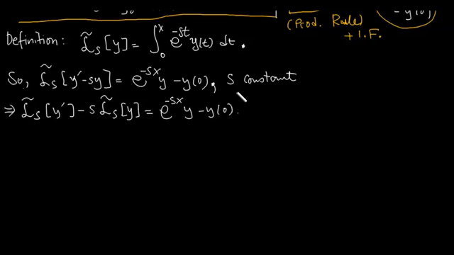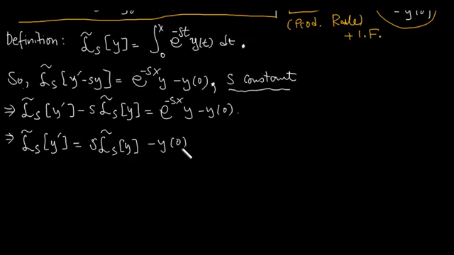Because of the linearity and s being a constant, it has a very nice effect if you solve this for the operator on y prime. If you move this term over here, then it is organized like this: L tilde s of y, and minus y of 0, and this functional part e to the negative sx y.